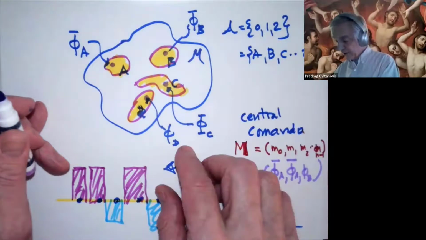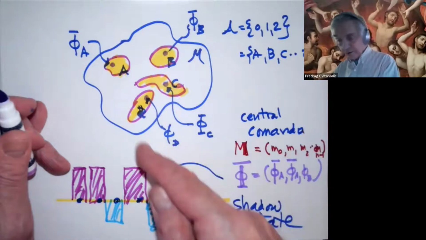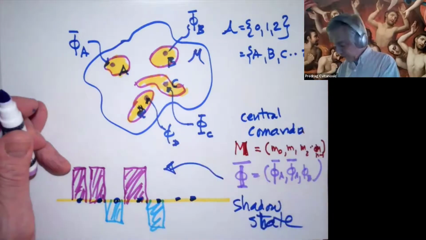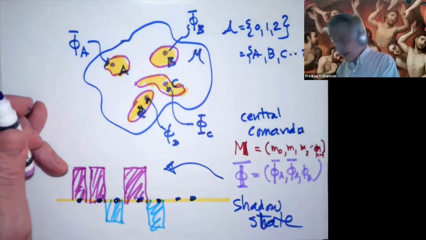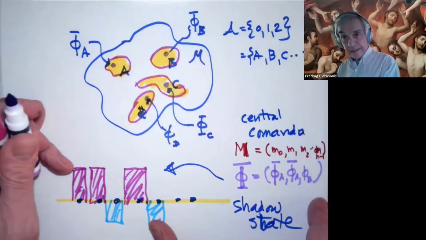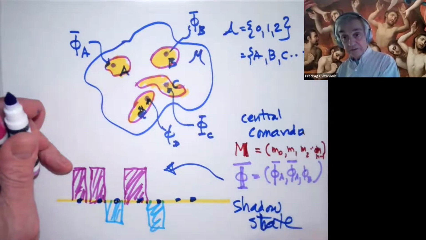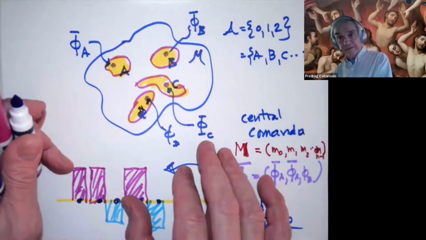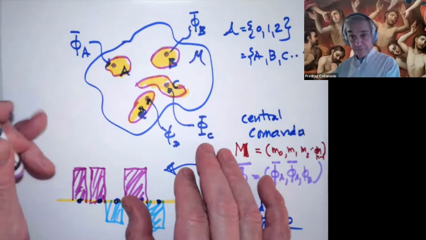I convert those integers into the actual foxholes by constructing the shadow state. And that's a set of fields which are approximately the field value you want to have. But they're just real numbers.